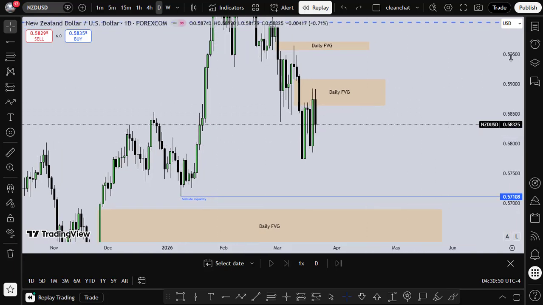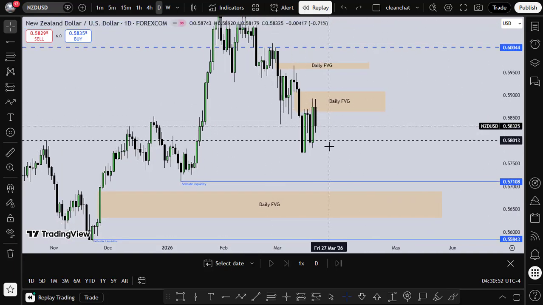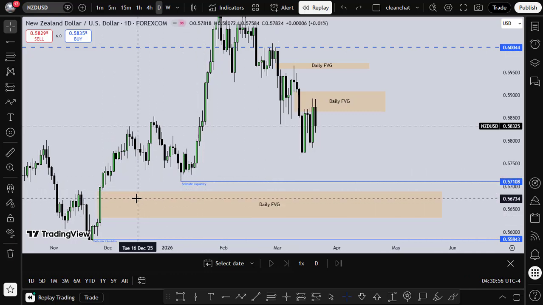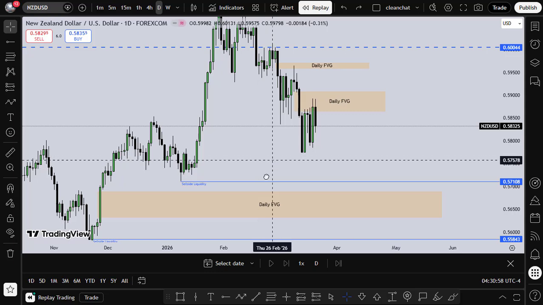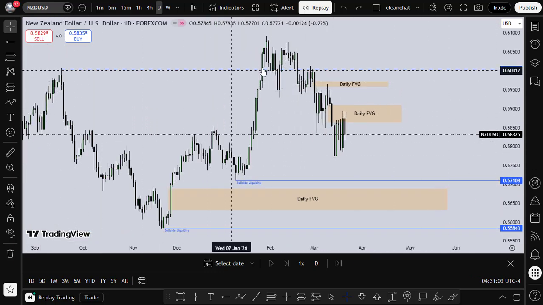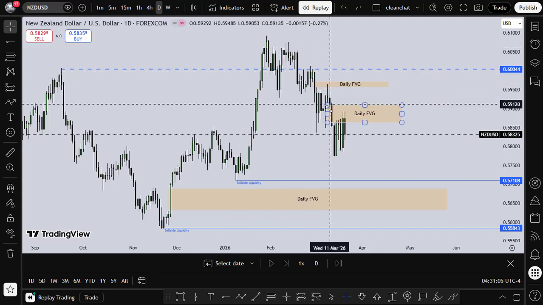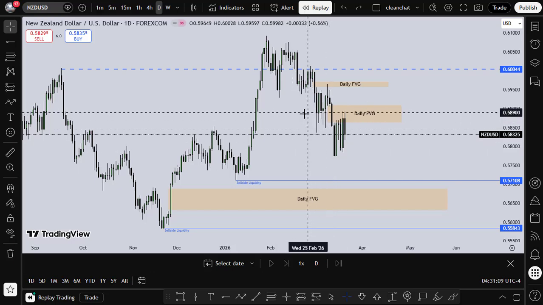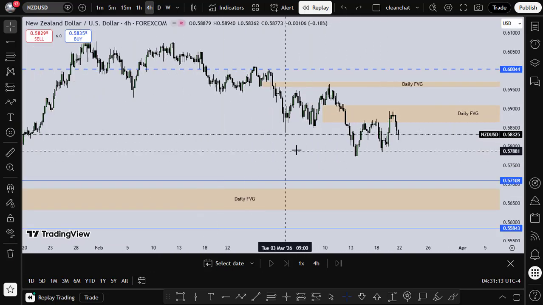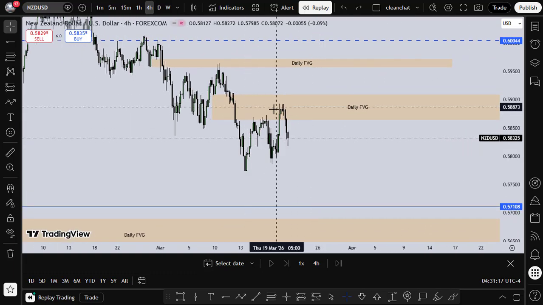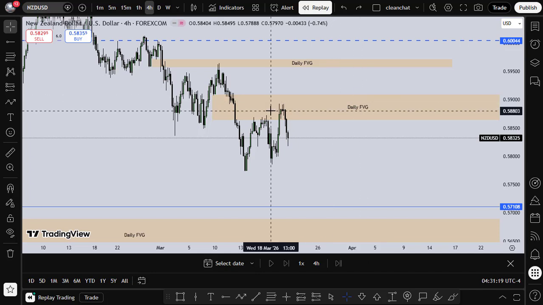So what's my anticipation? I'm looking at price going down and then attacking the sell side into this big fair value gap, this daily fair value gap. My long-term analysis: we have taken out this buy side, and as you can see, our overall structure is bearish. We have broken this, and looking at the 4 hours, very clean. We had this respect of the daily fair value gap by price on Friday, and we had this drop.